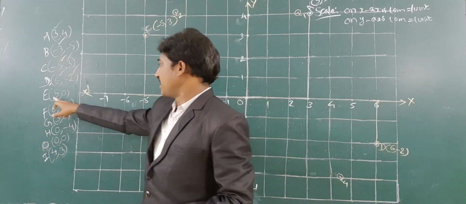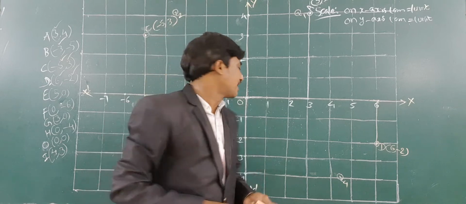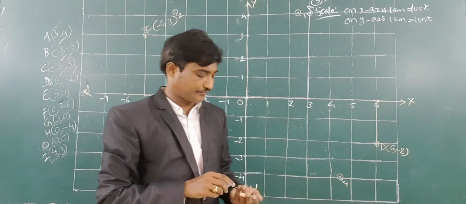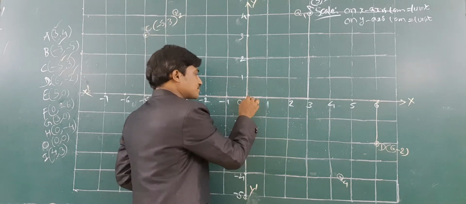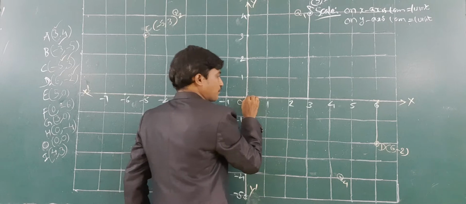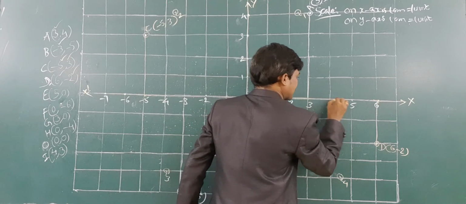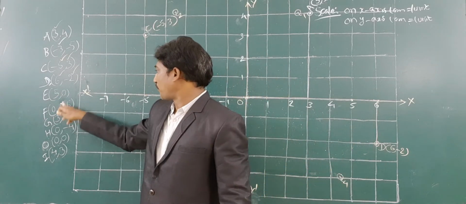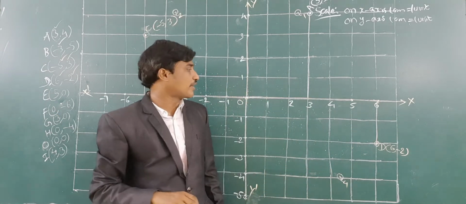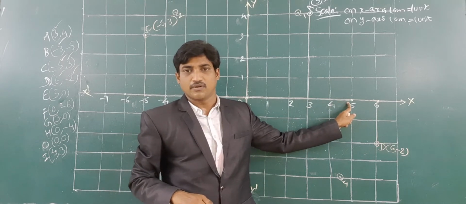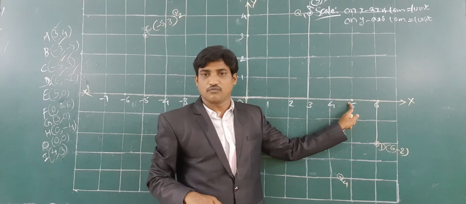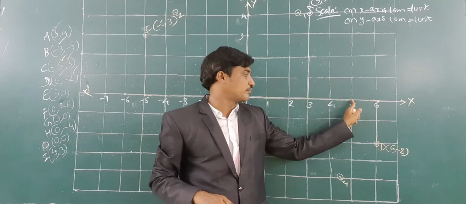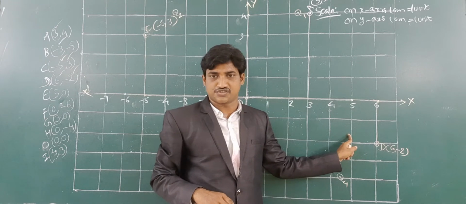First, E (5, 0). Here the x coordinate is 5. Starting from the origin, move 5 units along the positive x-axis. The y coordinate is 0. If the y coordinate is positive, we move vertically upward. If it is negative, we move vertically downwards.